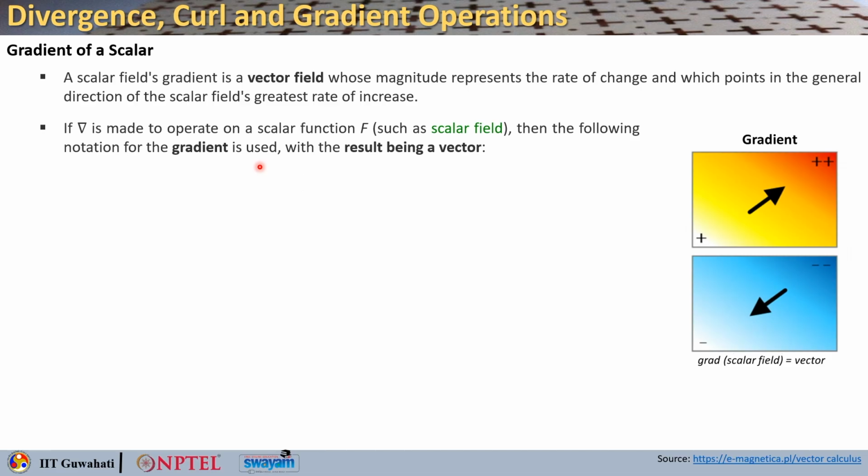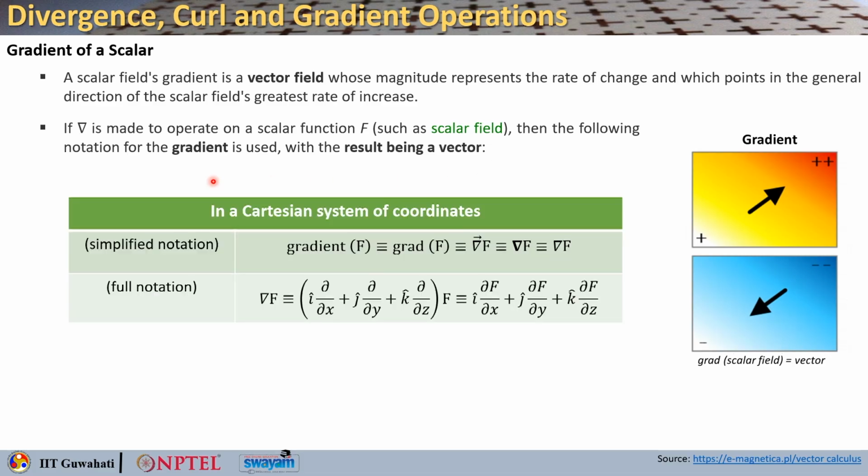Okay. So, if this del is made to operate on a scalar field f, so f you consider as a scalar function here, then the following notation can be used. So, you can simply write grad of f, or you can just write del f.